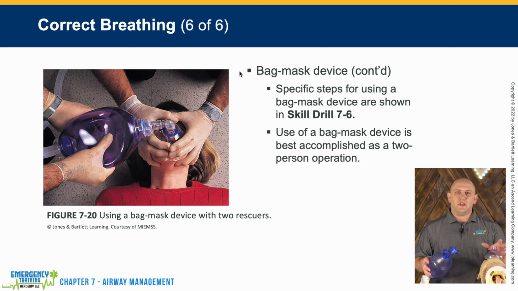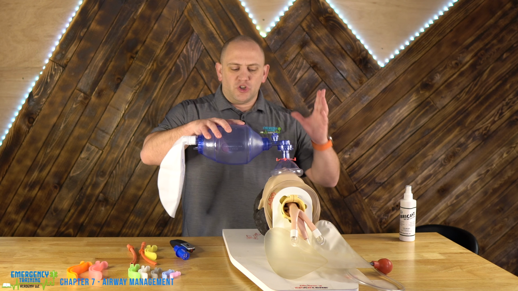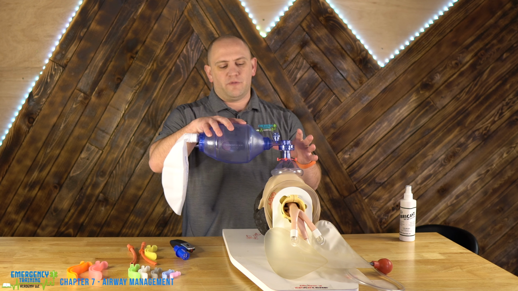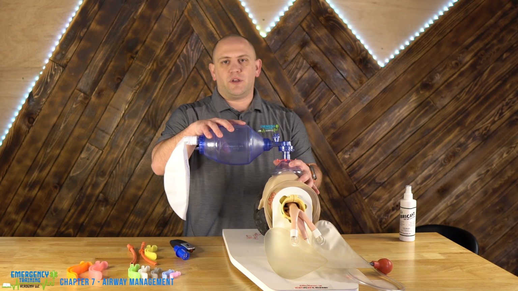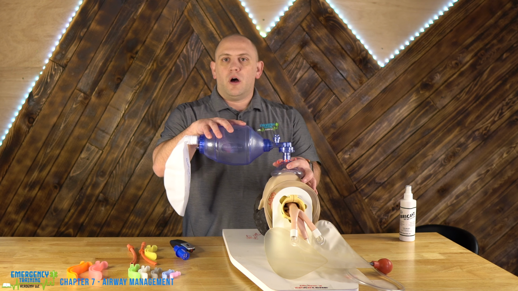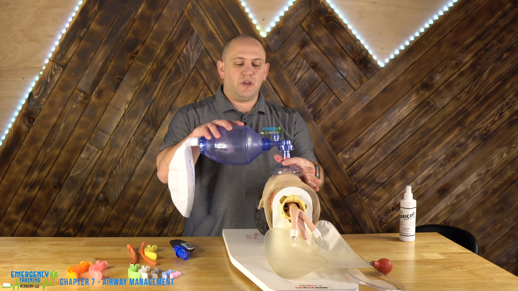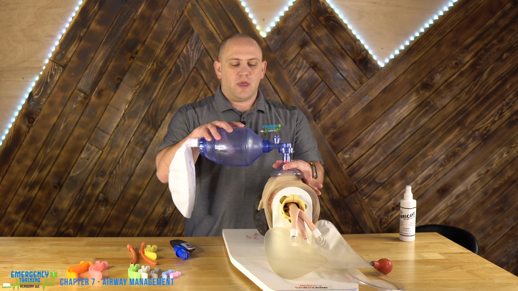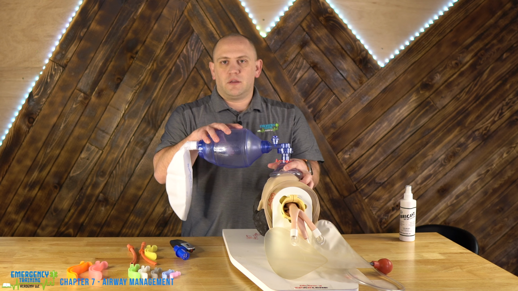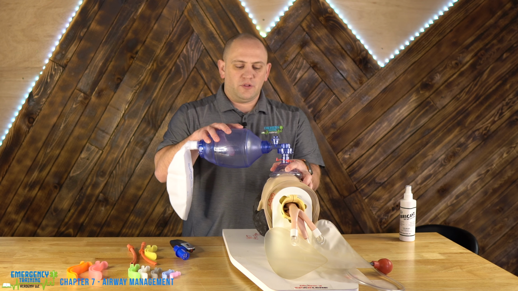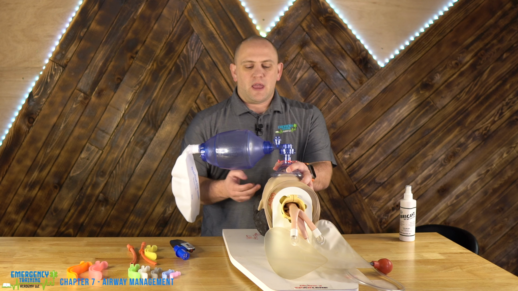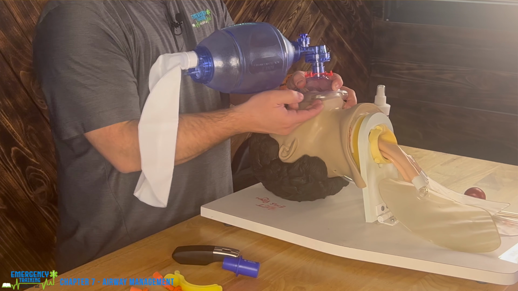So the steps that we're going to follow for using the bag valve mask are the same. We're going to make sure that we have a good seal of the mask on our patient. The issue becomes if you are a single provider, it will become more difficult to get a good seal on the mask. At that point, you are going to have to do that CE method, creating the C and pushing down, using your other fingers to try and lift the jaw up.